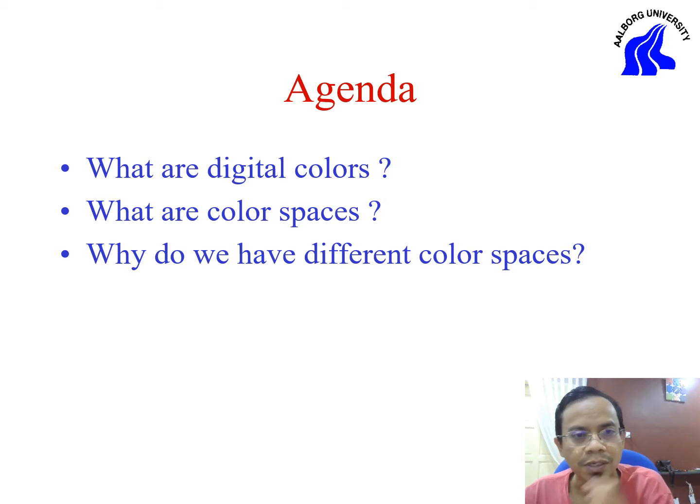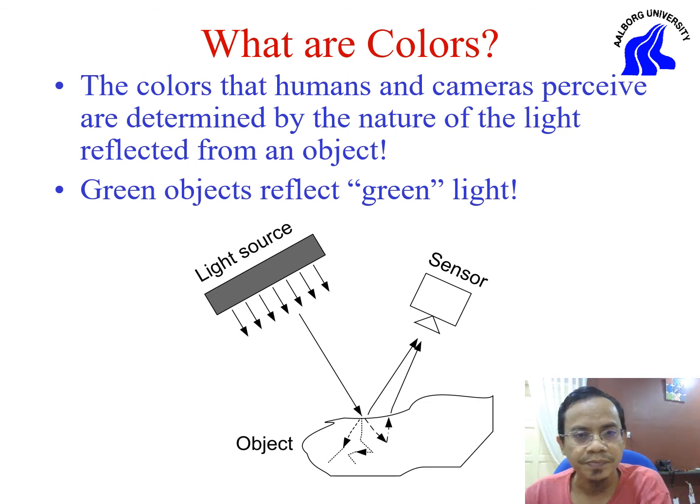So in this slide, we are going to cover what digital colors are, what color spaces are, and why we have different color spaces. When we look at an object, it is actually the combination of the object itself, the light source, and the sensor. Sensor means the camera.